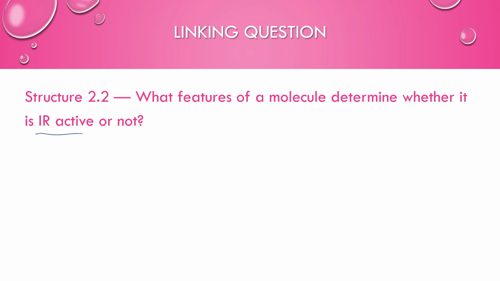So that's why you'll see CBr is, when that bends and stretches, that is going to change the dipole moment significantly, but maybe a bromine-bromine single bond, because those are evenly distributed, when that one bends and stretches, it's not going to significantly change the dipole moment of that. So you'll be able to see bands in the IR spectra if those stretches change the dipole moment.